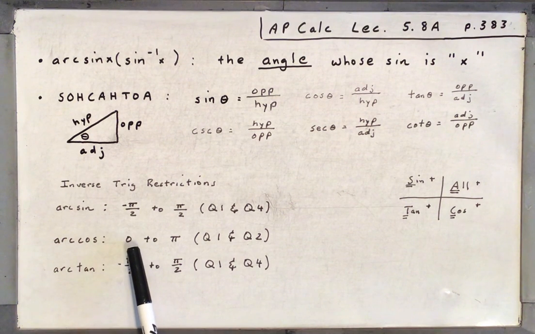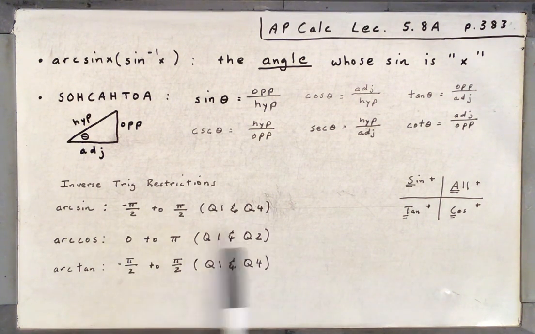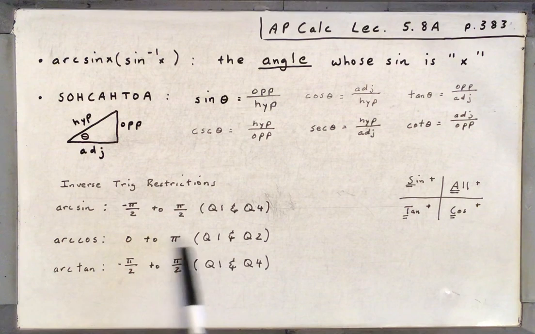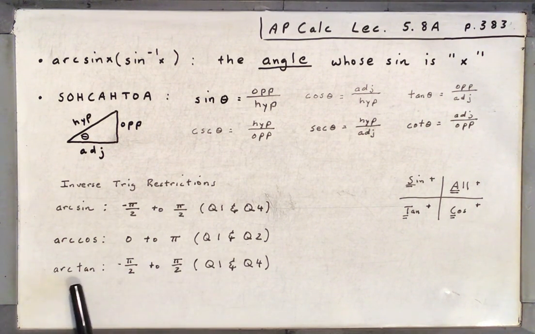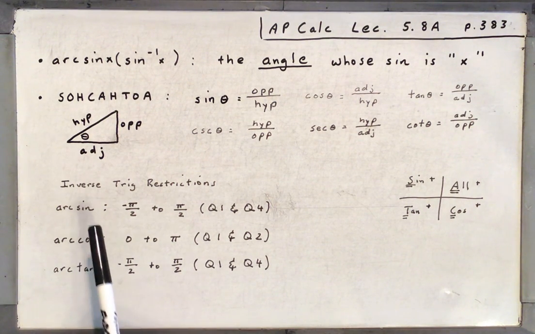Arc cosine is restricted to quadrants 1 and 2, so 0 to pi. Those are the angles that the restriction holds. And then arc tangent is restricted from -pi/2 to pi/2. So again, basically -90 degrees to 90 degrees, quadrants 1 and 4. And then cosecant, secant, and cotangent all follow those same rules.